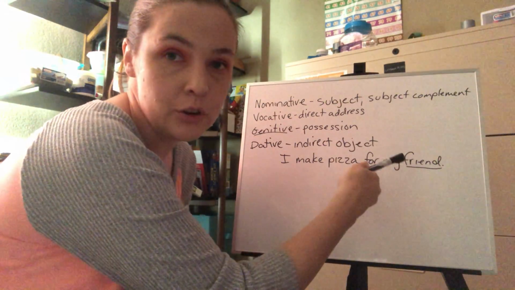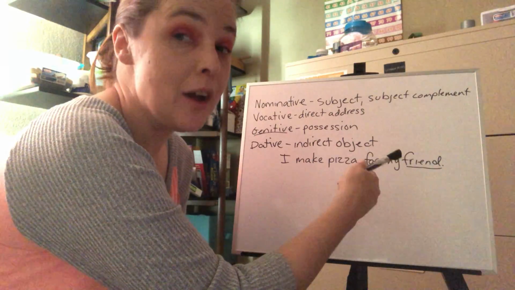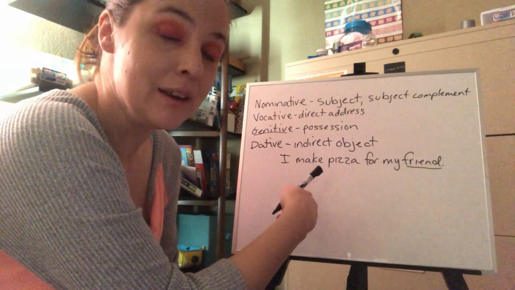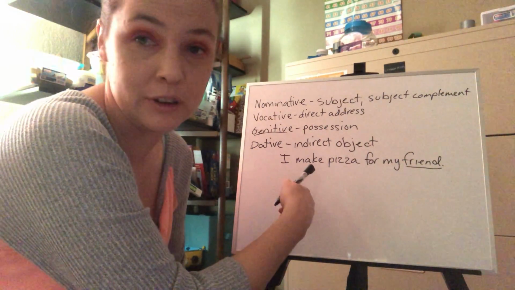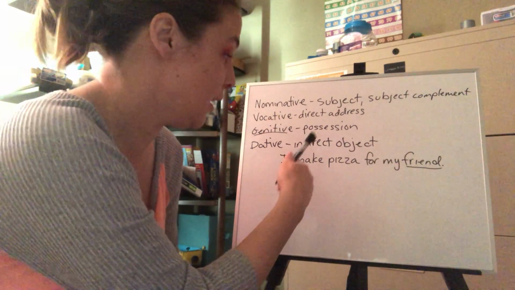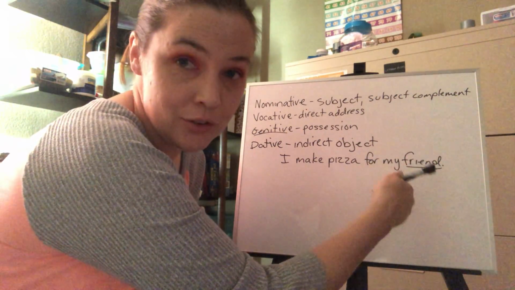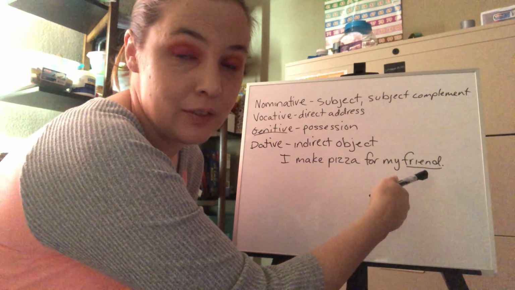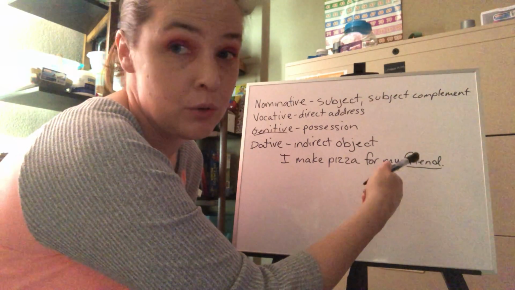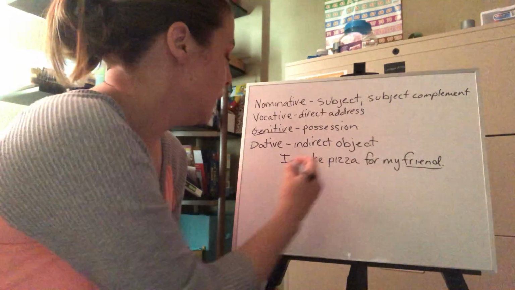This is the person who is benefiting from the action, okay? They are not the thing being made. We'll talk about that when we get to the accusative. I am not making a friend, okay? I am making a pizza, okay? But my friend is the indirect recipient. Okay, they are getting some sort of benefit, or if the pizza's really bad, they're being disadvantaged by it, okay?